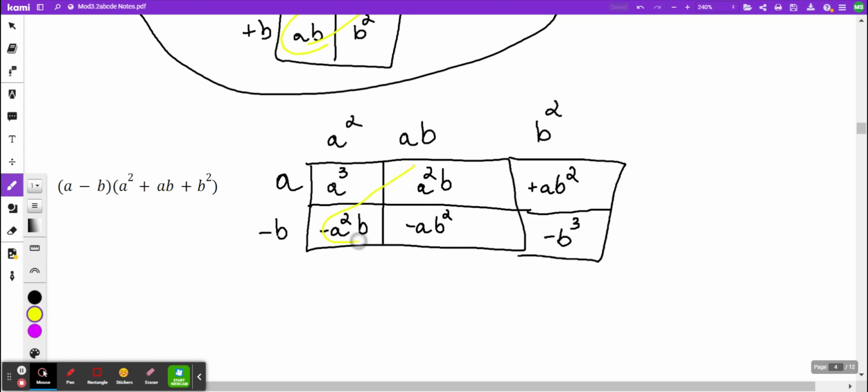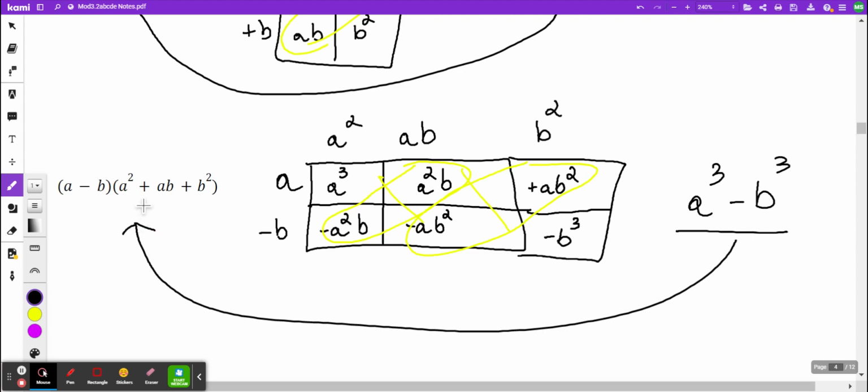And we're going to see, hey, look, this cancels out, and this cancels out. And so we would be left with, and this is called the difference of 2 cubes, A cubed minus B cubed. So if it looks like this, we can factor it into this. And maybe we could factor this later, but we won't get to that.